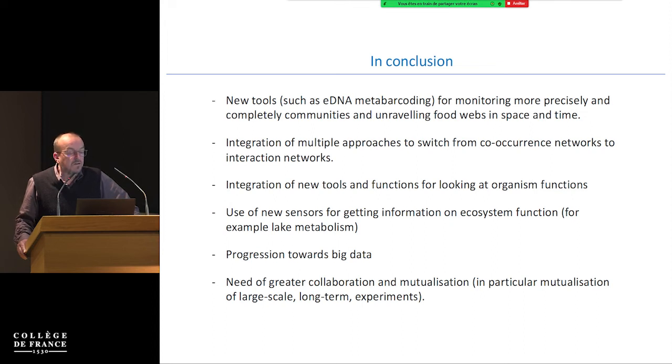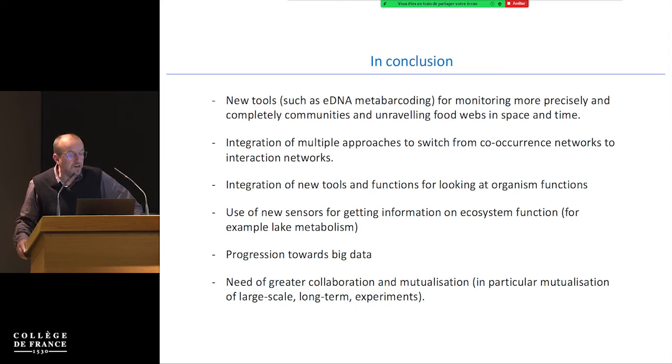First, there are the developments of new approaches, and if we are able to integrate these approaches, such as eDNA and large information databases on trophic links, it is probably possible for us to have much more precise interaction networks. Also, it is now possible to use new tools to better look at organism functions.